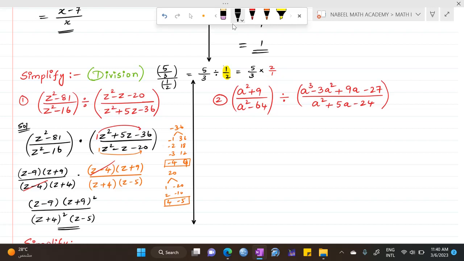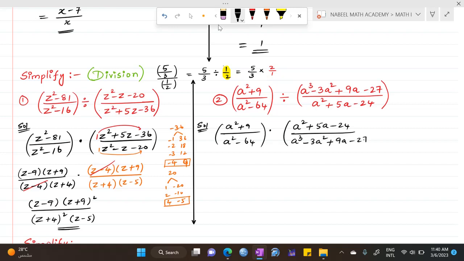Now the next one is the same rule, so I will just swap. I write it as a plus 9 over a square minus 64. It's multiply; I change the operation, then you have to reciprocal this one: a square plus a minus 24 over a cube minus 3a square plus 9a minus 27.